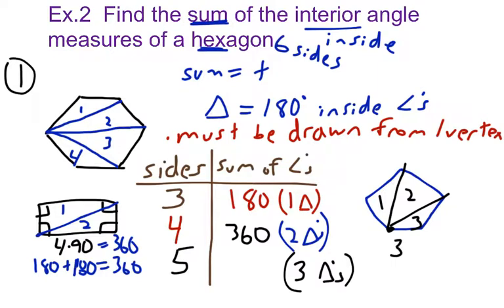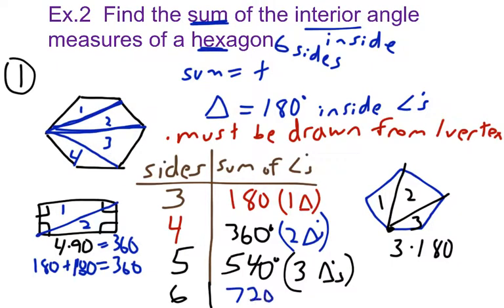And 3 times 180 gives us 540 degrees. And let's see if that proves our point for the six-sided figure, our hexagon. Well, we just did that up there. We drew our picture up here, and that made 4 unique triangles. So that would be 720 degrees, 4 triangles.